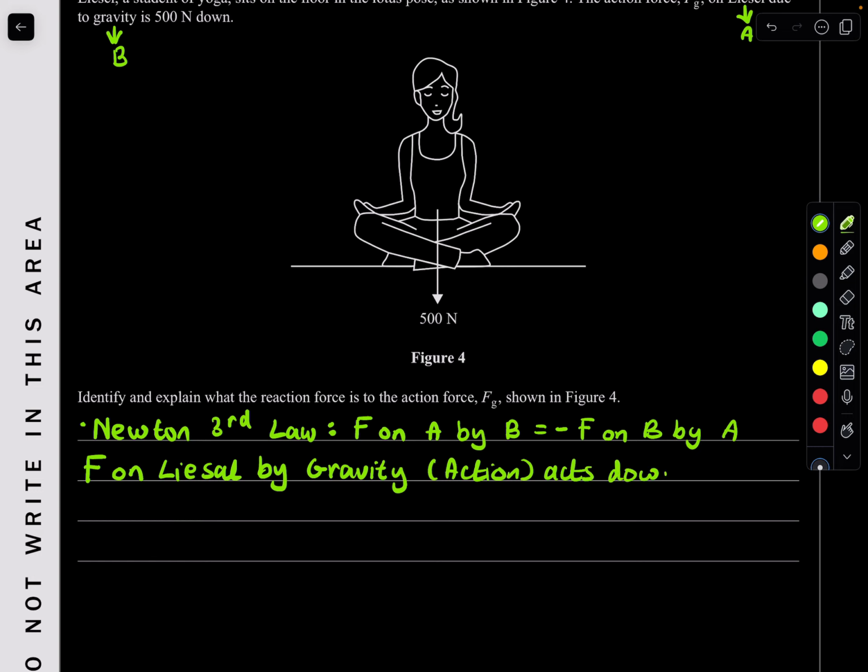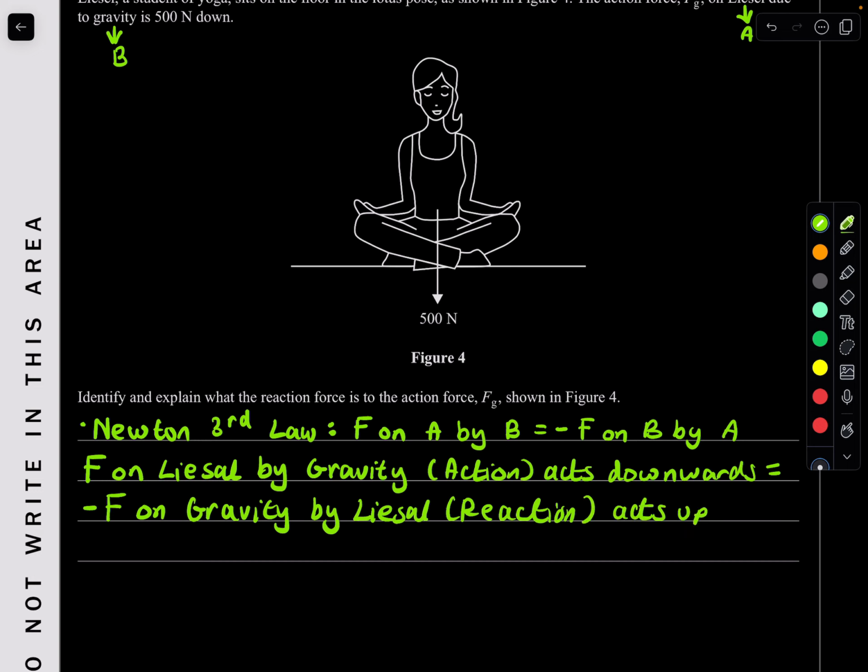We also want to specify the direction. This is equal to negative F, and it switches around: force on gravity by Liesl. This is your reaction force, and this one acts upwards.